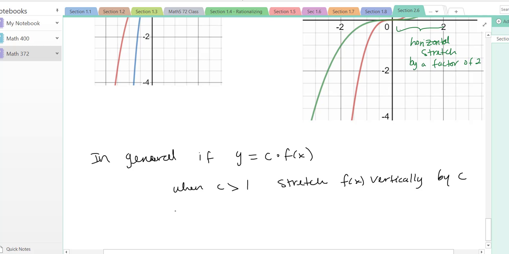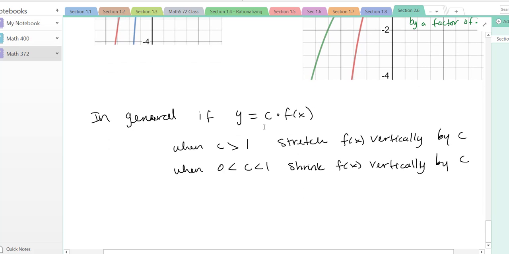When c is between 0 and 1, so a fraction smaller than 1, we shrink the graph of f of x vertically by a factor of c. So that's when c is on the outside.